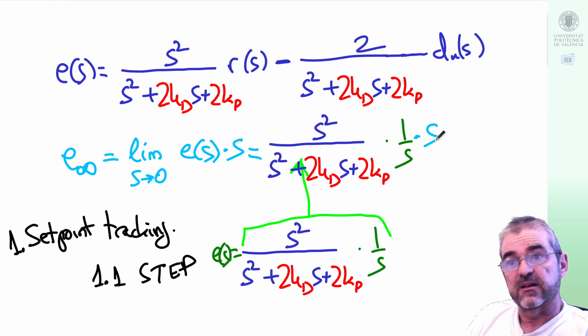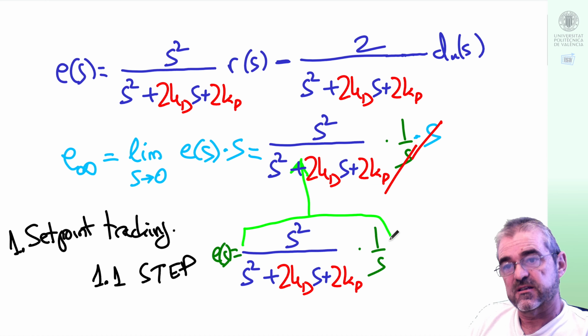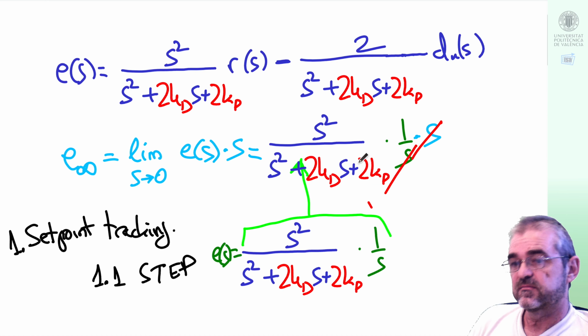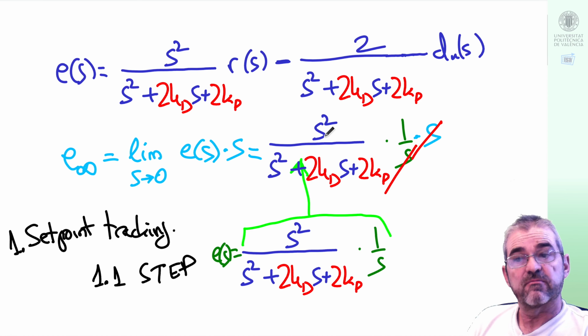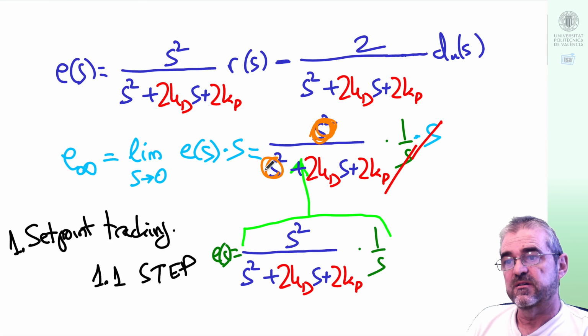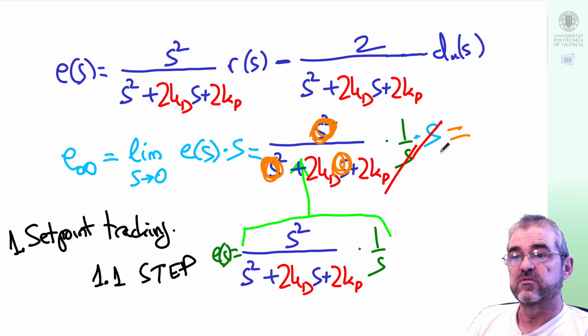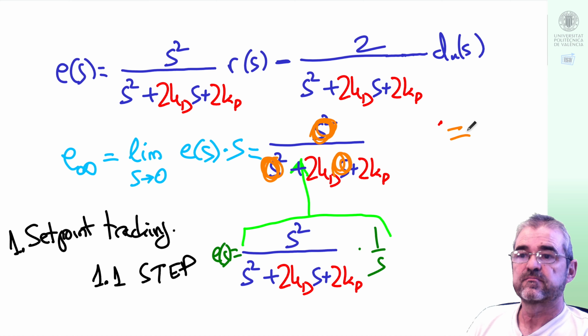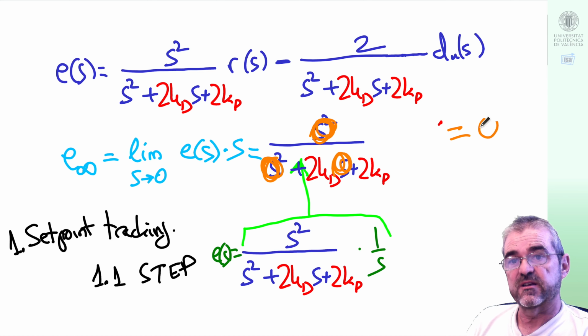So I will cancel out this s and this s, and now letting the remaining s tend to 0, I will have 0 here, 0 here, 0 here, and then overall this expression, as this disappears, will end up taking the value of 0.